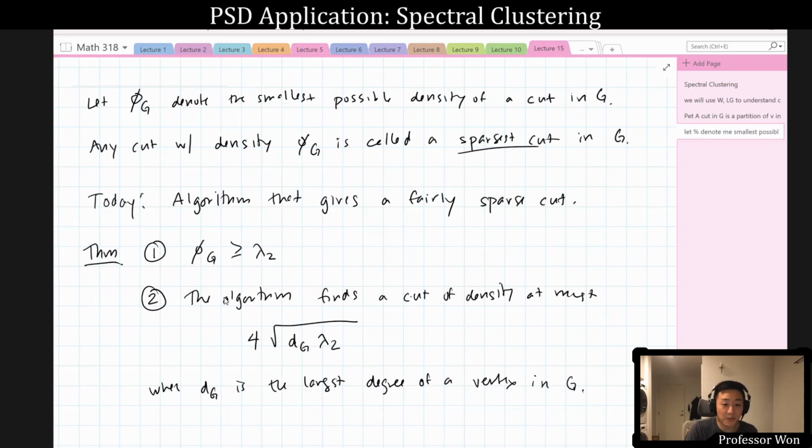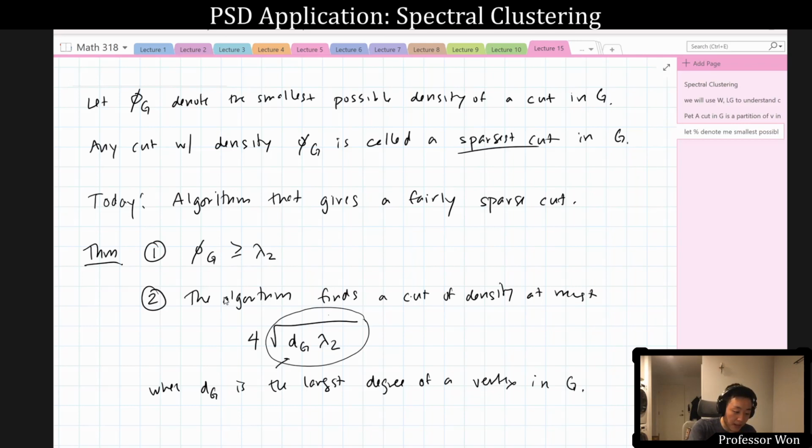It's not the best algorithm in the world, but it is one that we'll be able to understand the parts of. Note that d_G is in general going to be much bigger than lambda 2. d_G could be like 10, if you have a very well connected vertex, where lambda 2 is probably going to be pretty small. We'll see that in some examples. So this quantity is probably going to be bigger than lambda 2. And so the algorithm finds a cut that's at worst 4 times something that's probably bigger than lambda 2. But again, the benefit is that we can actually use some linear algebra that we know to find this relatively sparse cut.